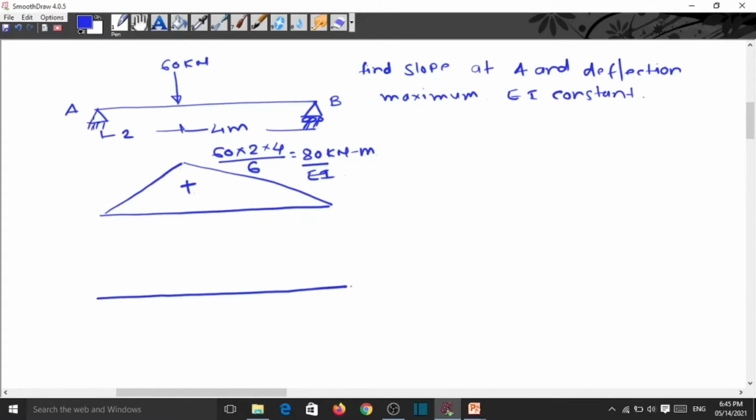So now we have to draw the conjugate beam here of a same length. Now in the conjugate beam, make this hinge as a hinge. So no need to change of the support. This is roller support, so make it as roller support. Now apply this positive load on this beam. So we change here.